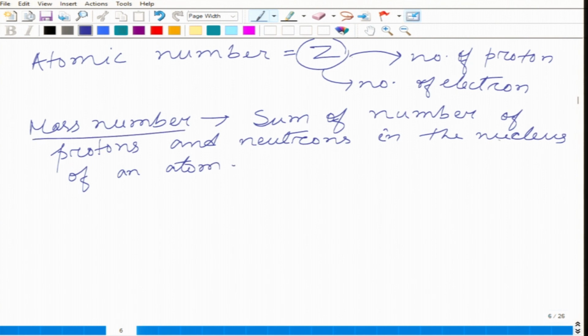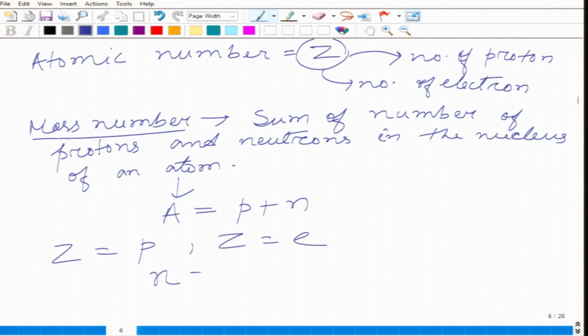Mass number is the sum of the number of protons and neutrons in the nucleus of an atom. This is denoted by A. So A is equal to the number of protons plus the number of neutrons, where Z is equal to the number of protons or the number of electrons.